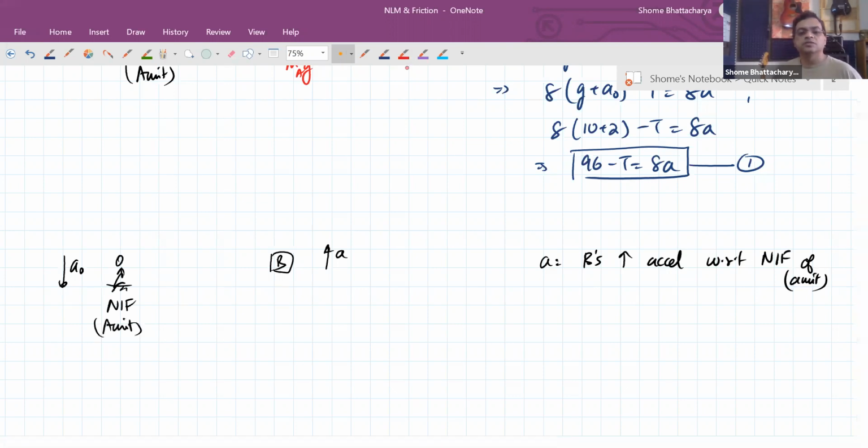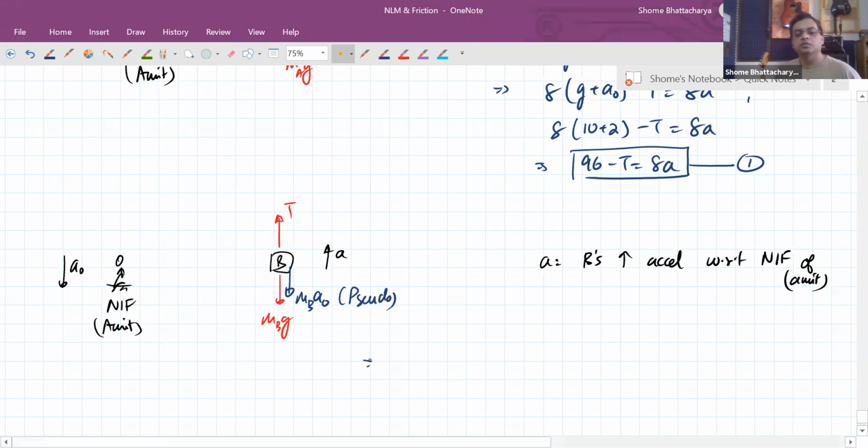Okay, so in his frame now, tension and weight are the external forces which are acting, but there is a pseudo force of mass of B into A naught this time, and the tension is dominating. So the equation will become, sorry, the weight minus the pseudo force is equal to mass into acceleration in this frame.